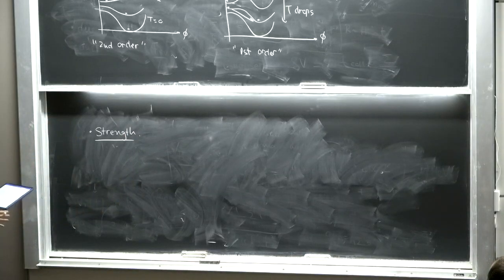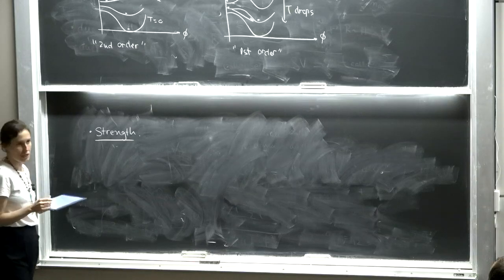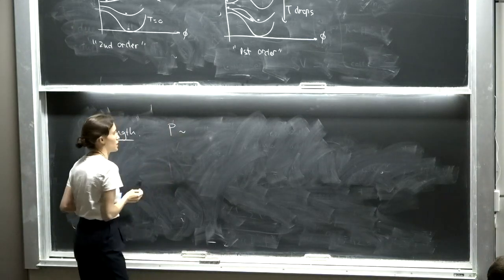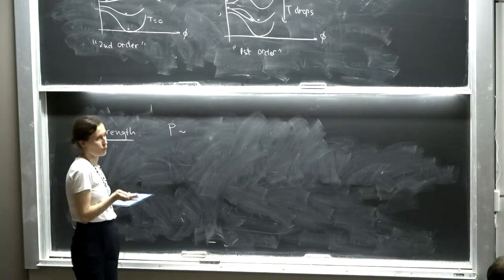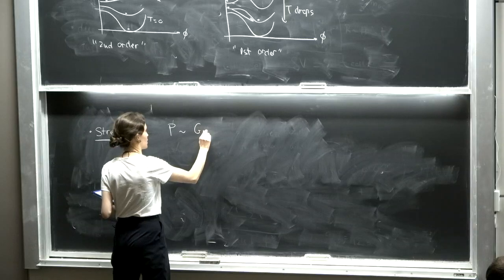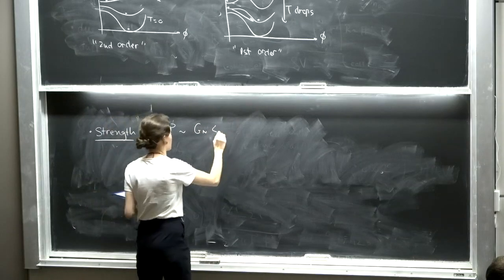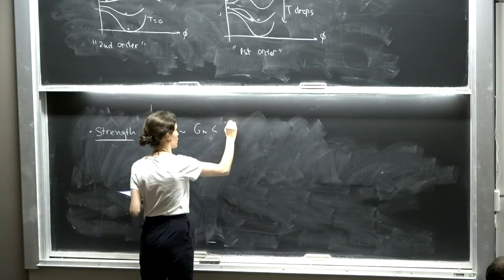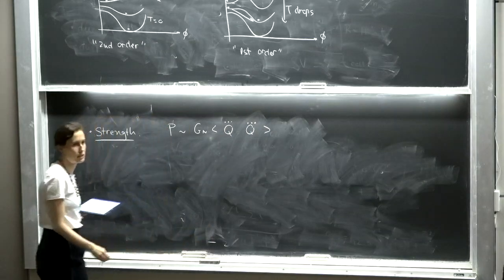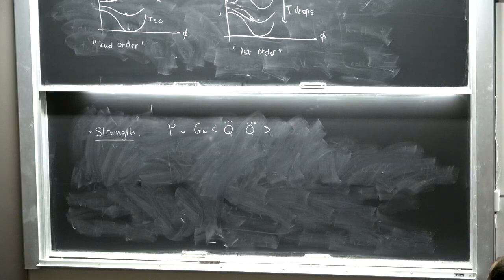So, assuming everyone here has done a course in GR, you might remember that the power in gravitational waves is given by the quadrupole formula. Okay, so power is G Newton, and then there's some averaging of three time derivatives of the quadrupole moment of whatever system you're dealing with. I assume this at least looks vaguely familiar.